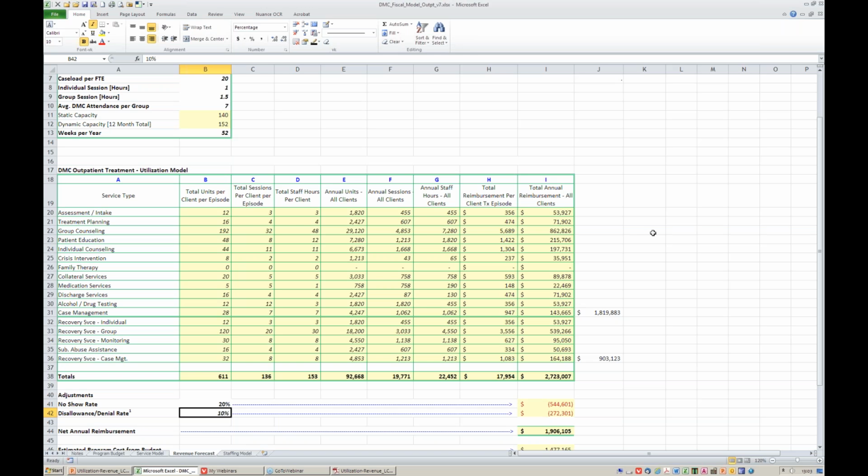If their name isn't on the group log, well, forget it. If the note isn't signed, or if there are 13 people in the group, then that's disallowed, and the state wants their money back. Just like with an audit, the more they find, the more they look for. The deeper they dig.